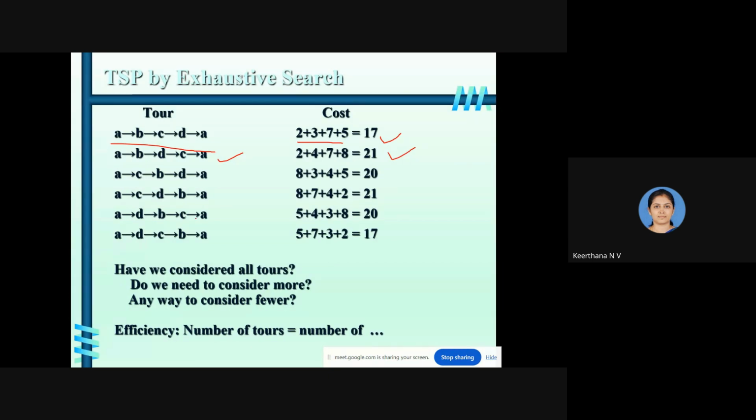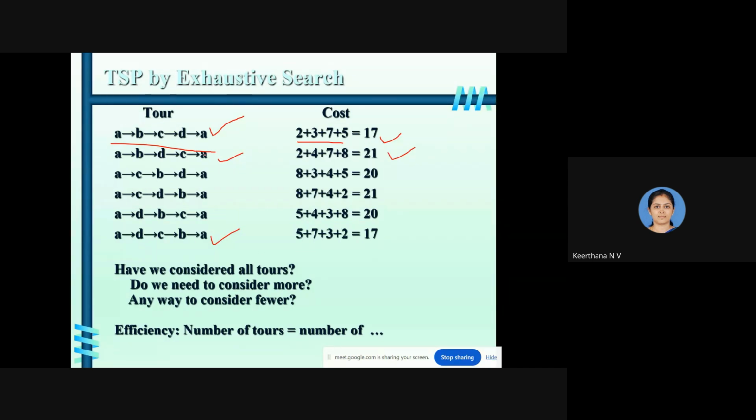Among these, the very minimum cost is what you have to consider. This one is one of the minimum costs, and this one is also a minimum cost. That is A, B, C, D, A is one of the possible combinations, and A, D, C, B, A is another possible combination, with a minimum cost of 17.